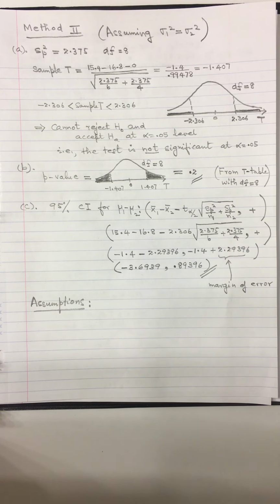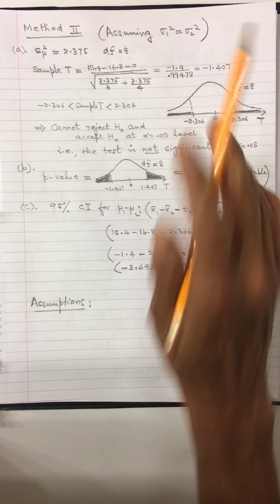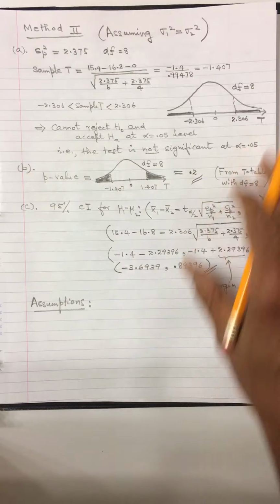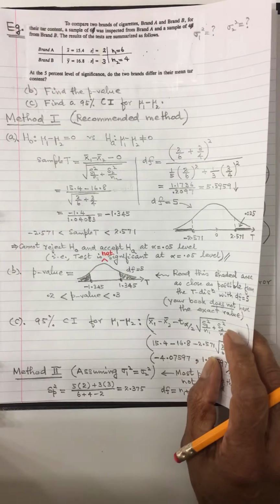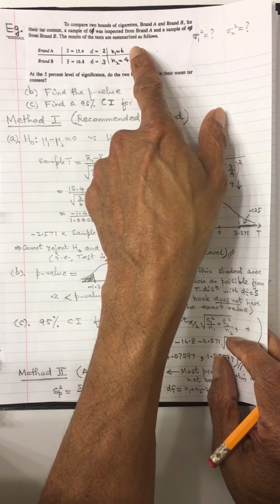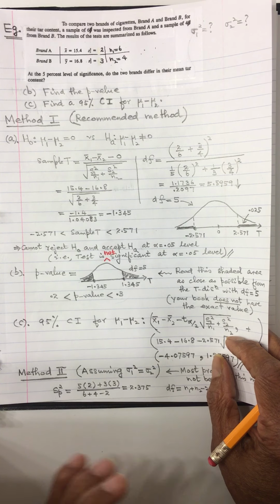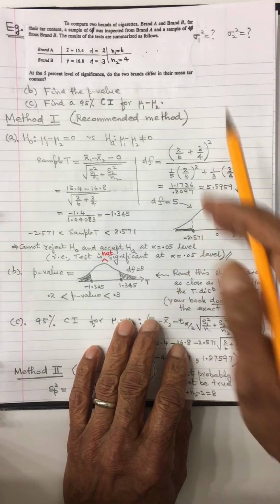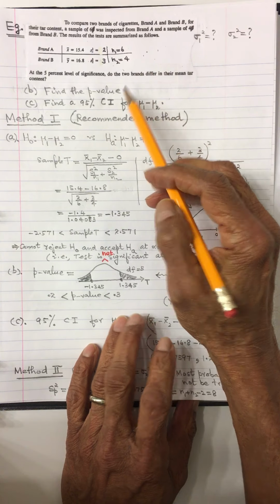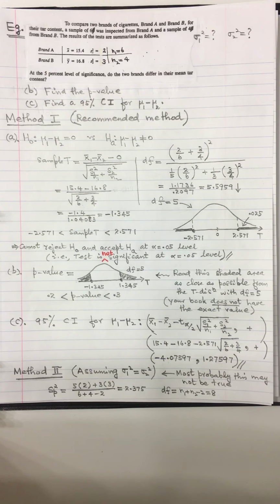By the way, what are the assumptions? For this method, this is one of the big assumptions, and that has got to be correct. Otherwise, this is not correct. Meanwhile, for both methods, in general, these are very small samples, so the initial populations must be normal. But actually this method works quite well even if the initial populations are not really normal, as long as they are approximately normal.